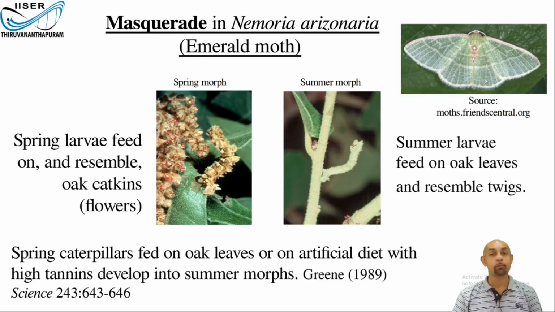And what is even more surprising is that you can take a bunch of eggs from the same female, you give them only oak catkins. Catkins are a type of inflorescence. So if you give them oak catkins, they feed on them and develop into this kind of caterpillar.